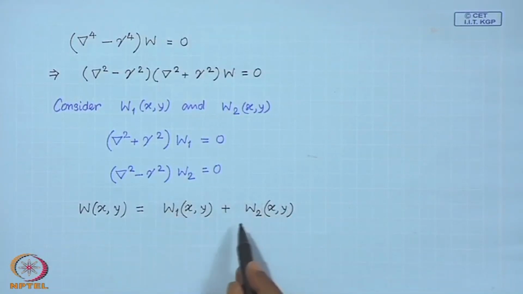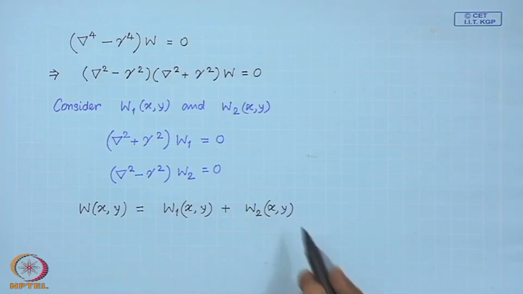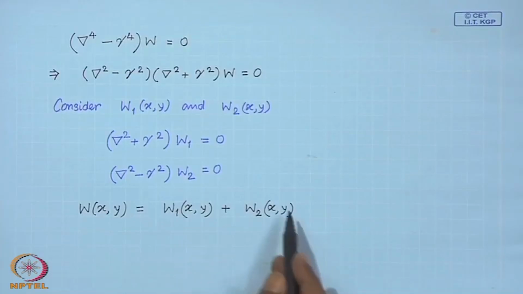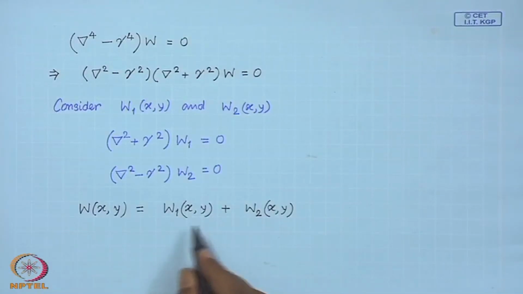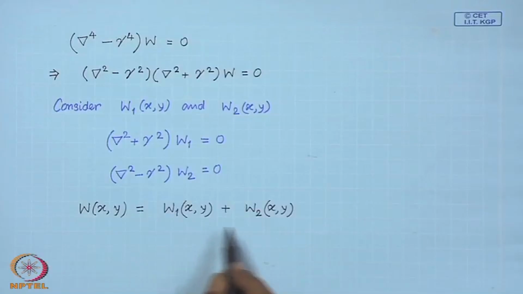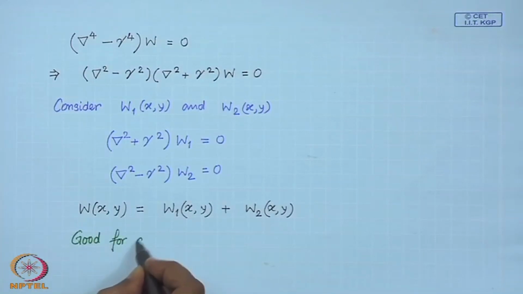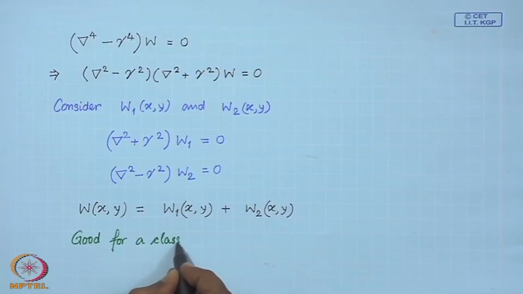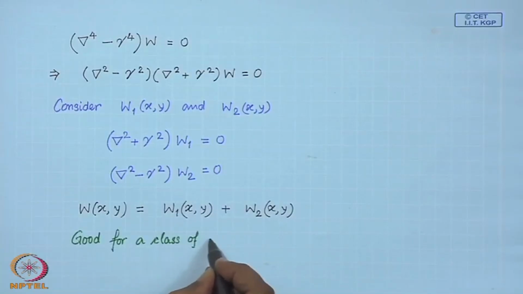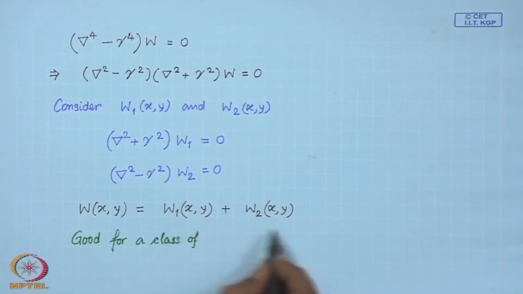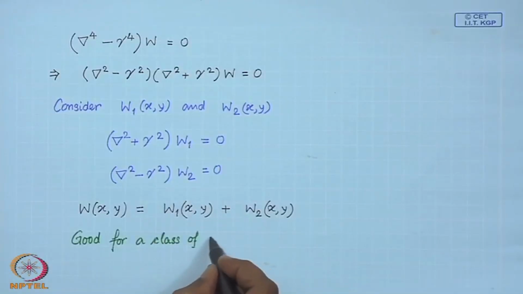Now, as we will discover very soon, this is not the most general solution or structure that is possible. So, this solution is valid or good for a class of problems. By class of problems I mean that class of boundary conditions.